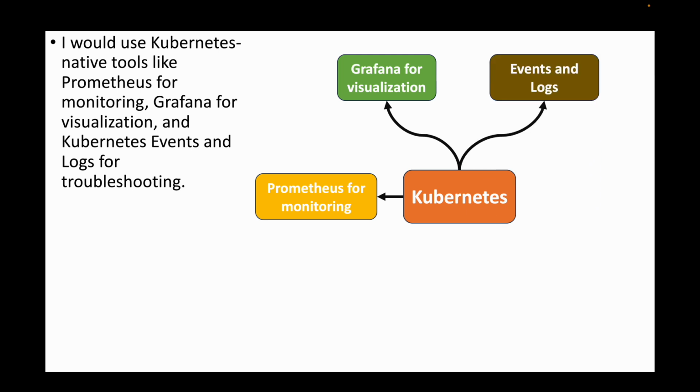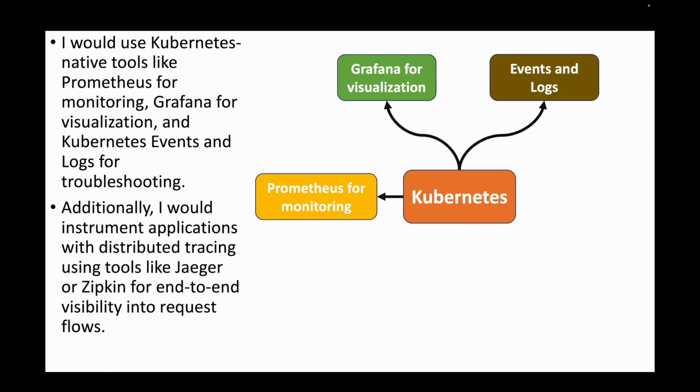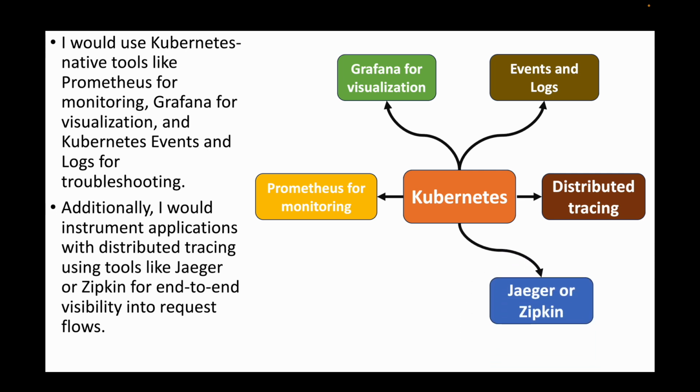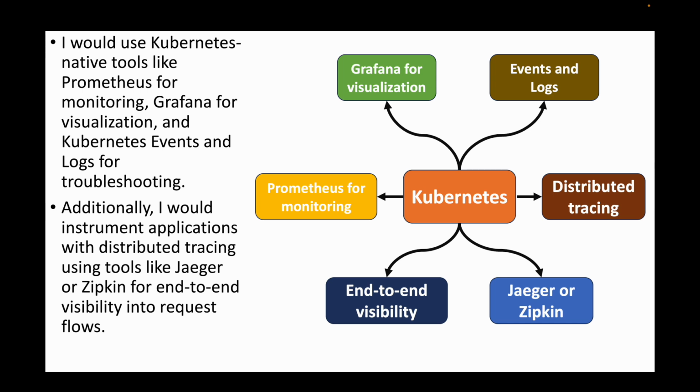We can also make use of Kubernetes events and logs for any troubleshooting. Additionally, we can also have distributed tracing using tools like Jaeger or Zipkin, which can be used for distributed tracing across the applications. And we can use this for end-to-end visibility into the request flow.